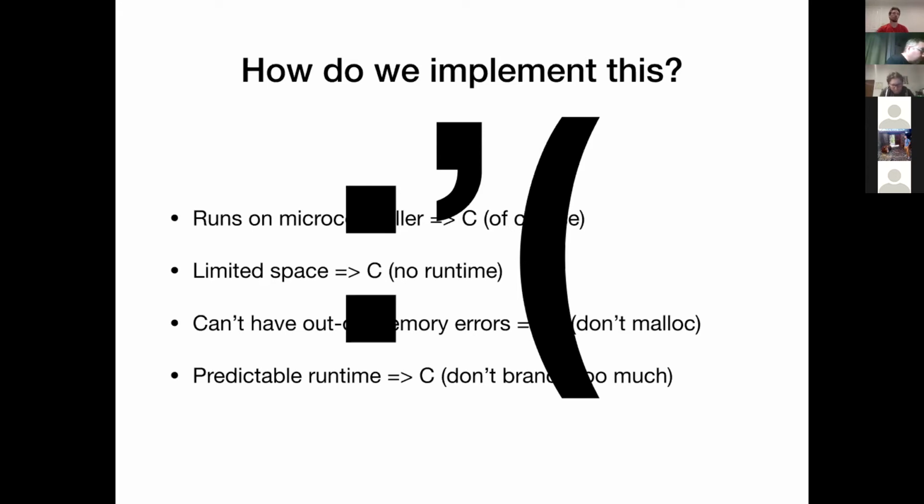And as much as I would love to use Rust, in this case, C has better tools for proving stuff about it than Rust does. So we need the verification tooling to be mature enough. Rust is the other contender, I guess. But yeah, so it's sad. We have to write it in C.